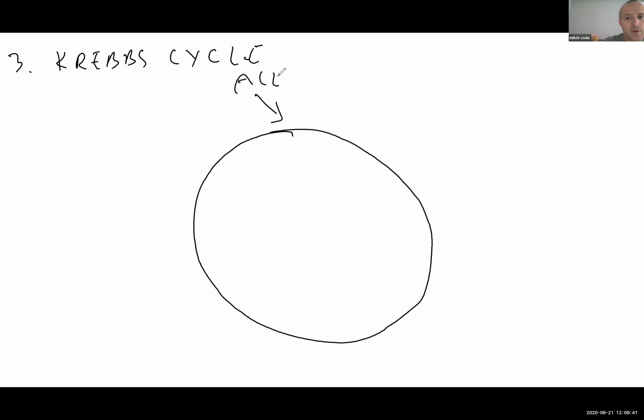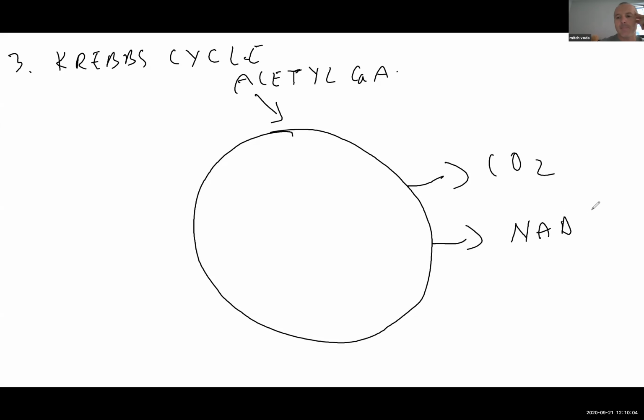First, acetyl-CoA goes in. Now remember, how many acetyl-CoA do we have? 2. Why 2? Because we started with 2 pyruvate. So for each acetyl-CoA, as you break it down, you're going to get carbon dioxide, a bunch of NADH, and a bunch of FADH2.